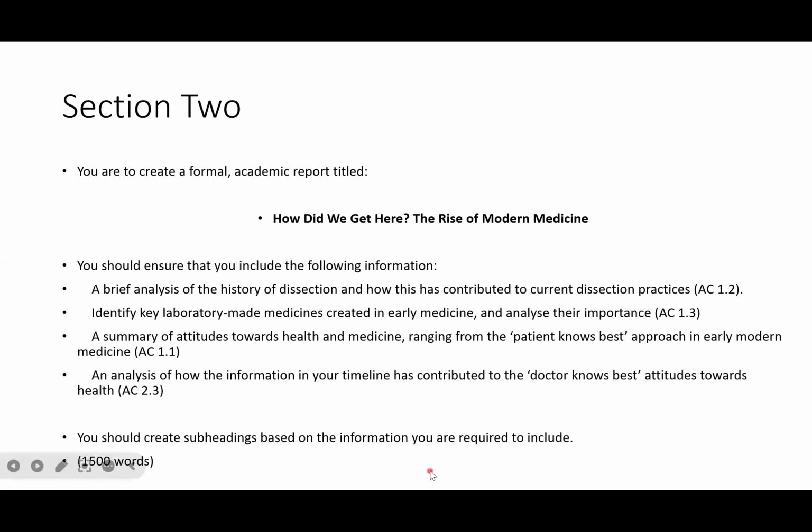Here you can create headings and subheadings based on the information you're required to include. Word count is 1500 for this, and 500 for the previous section, so it's a total of 2000 words.